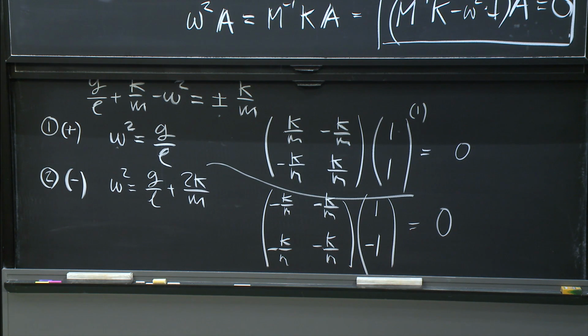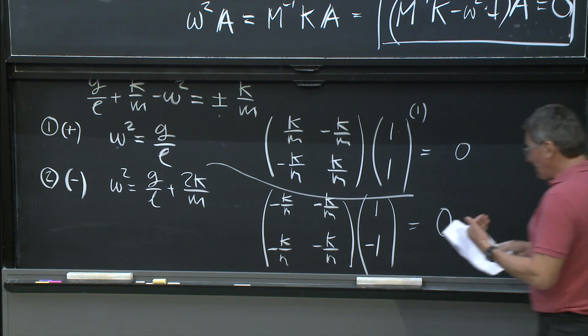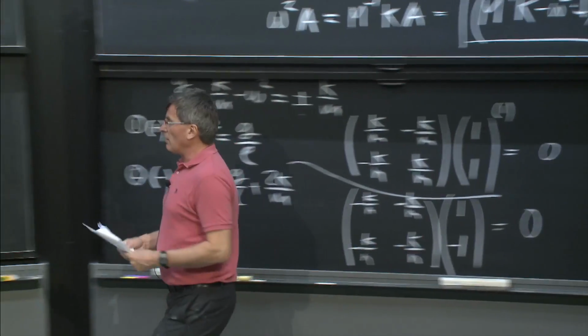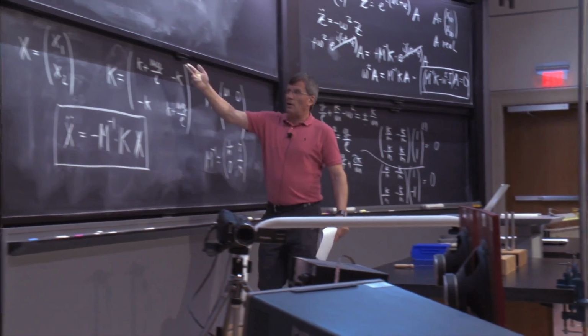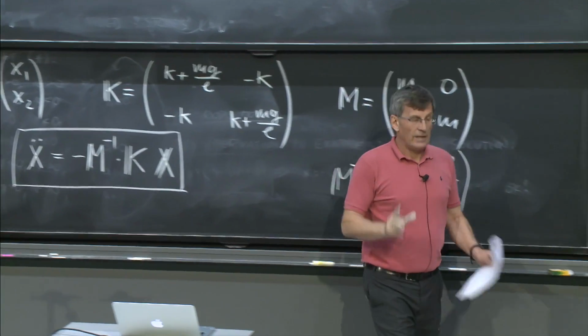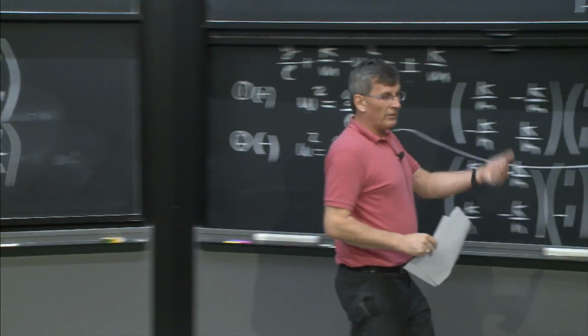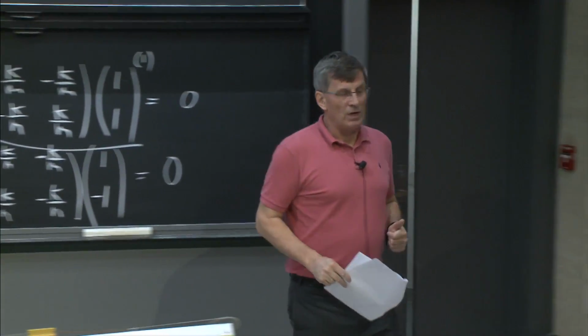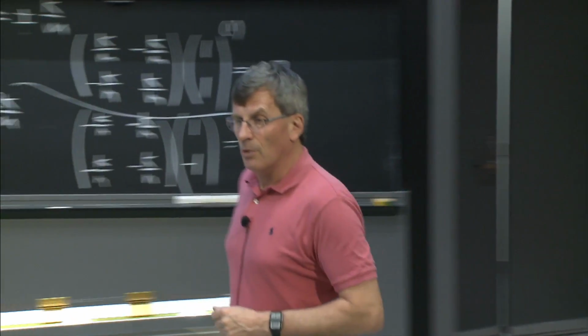So this is the second possible normal mode. This is a systematic way to solve equations: you plug all the information you know about the system into a 2-by-2 matrix, then you calculate the normal modes, and then you calculate the shape of each normal mode.